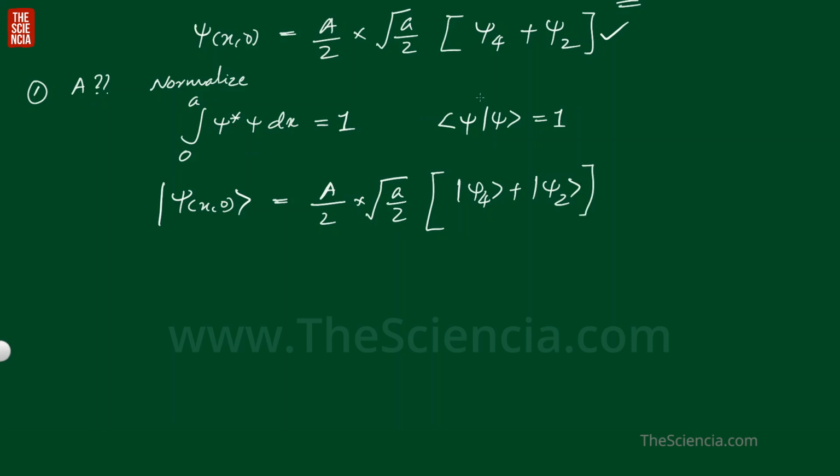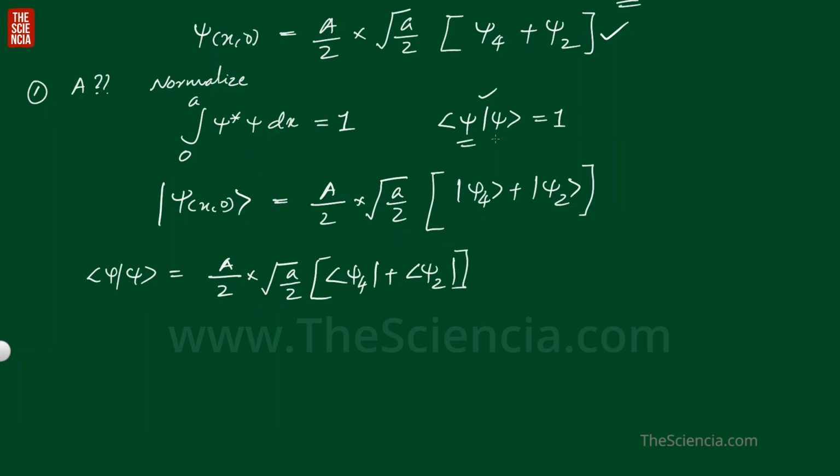Okay, now we can use this equation, that is bra psi ket psi is equal to a by 2 into root of a by 2 into bra psi 4 plus bra psi 2. So first we have to take the ket psi, that is into a by 2 root a by 2 into ket psi 4 plus ket psi 2.